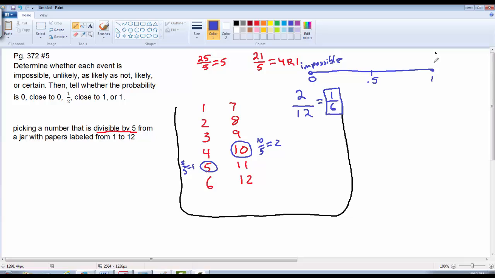Over here, I want to make sure it indicates that it is certain to happen. And if you remember, right in the middle it's as likely as not.